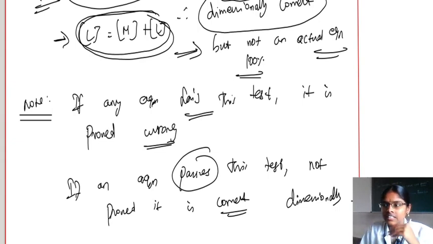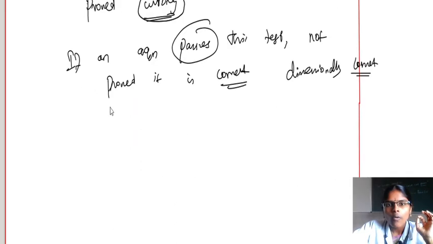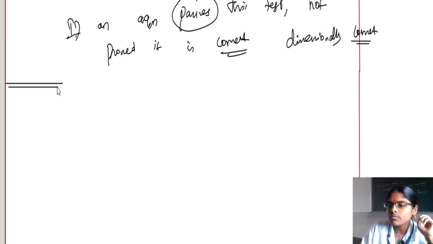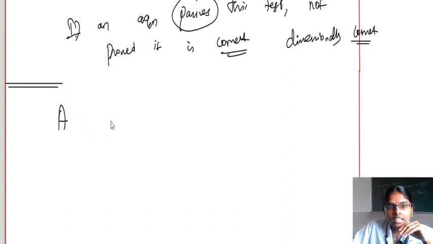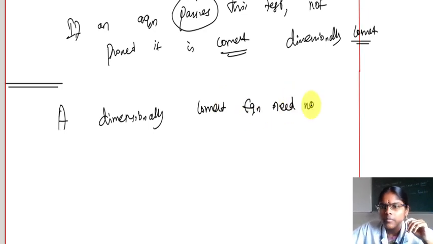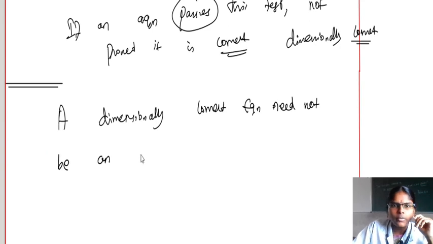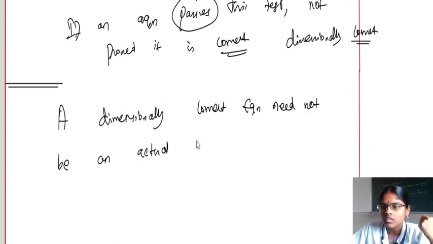That's it. In case the equation fails this test, then we can 100% surely say the equation is wrong. So the conclusion is, I repeat again, a dimensionally correct equation need not be an actual equation.